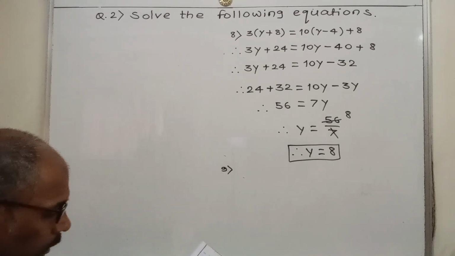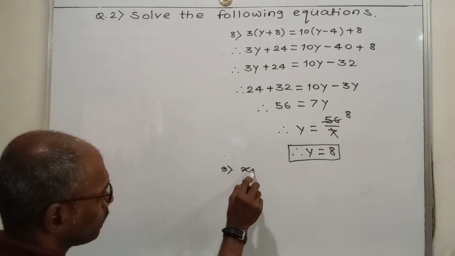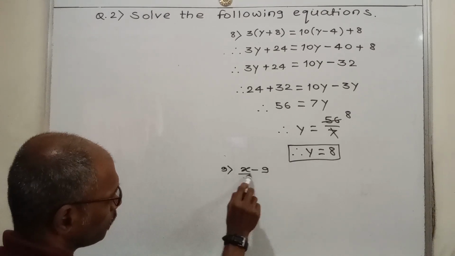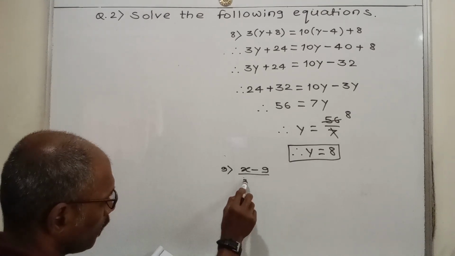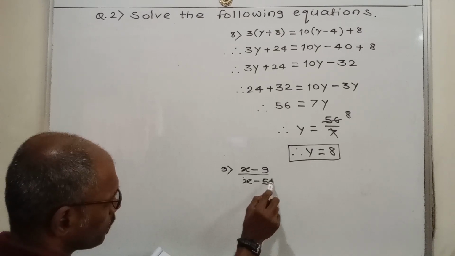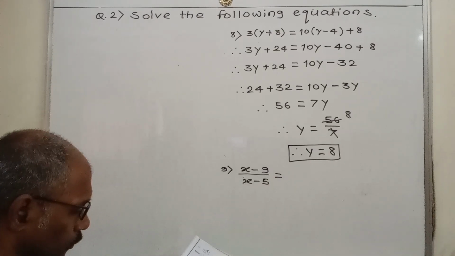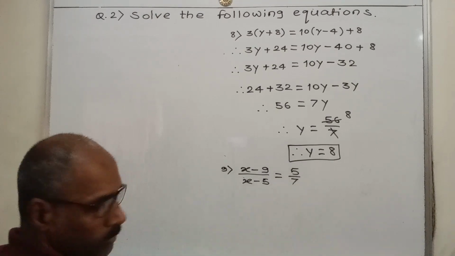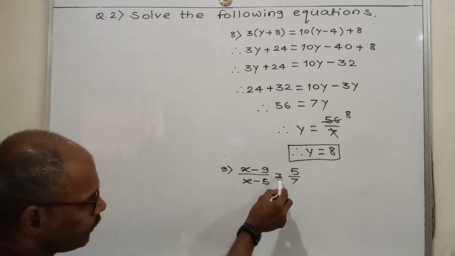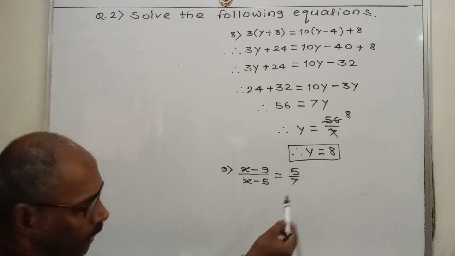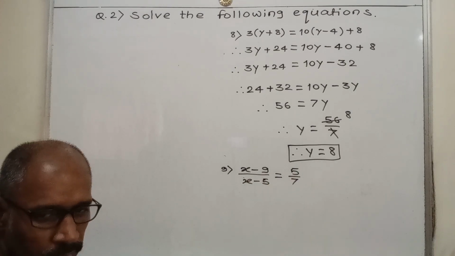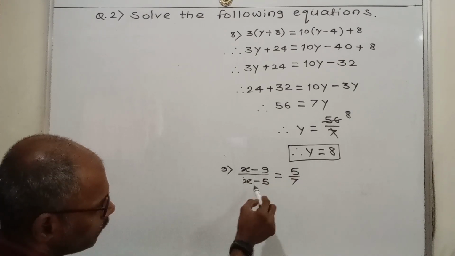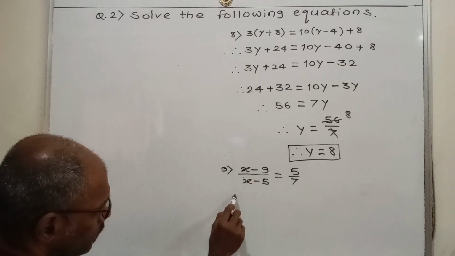9th. x minus 9 upon x minus 5 is equal to 5 upon 7. Now here is the equal to sign, here a fraction, and the right hand side also a fraction. Then cross multiplication. 7 into this.